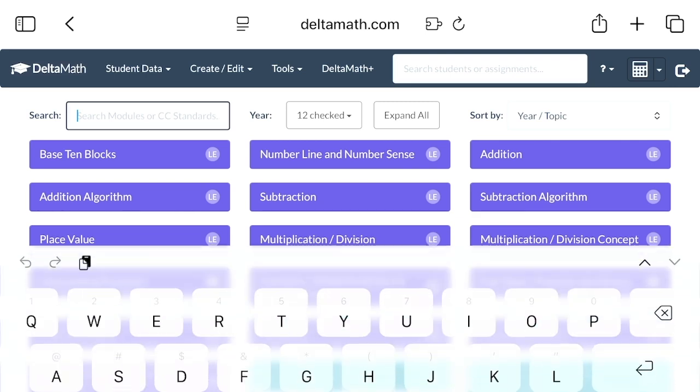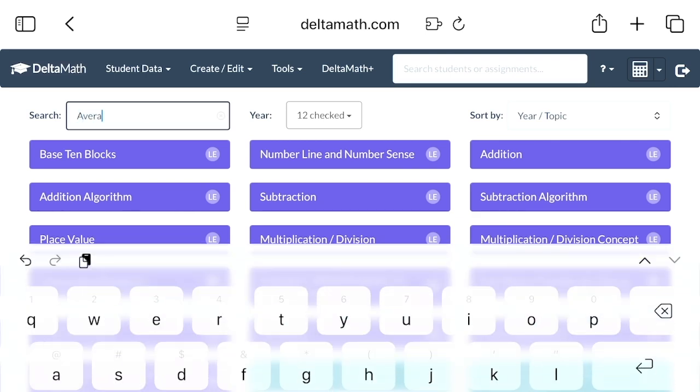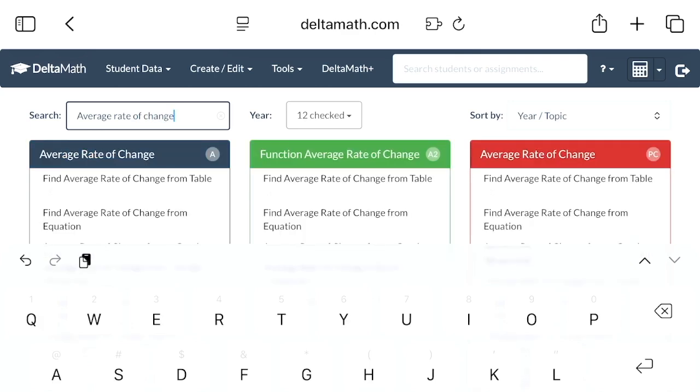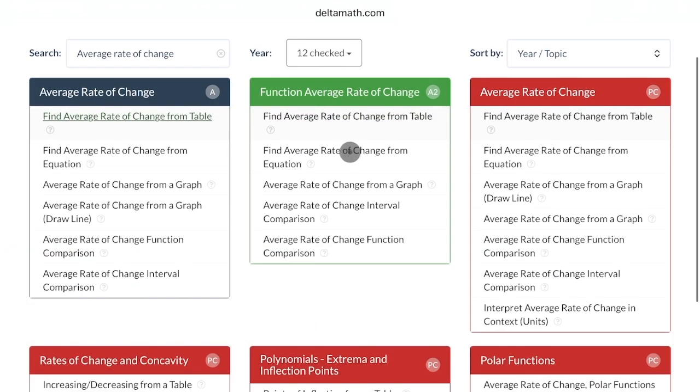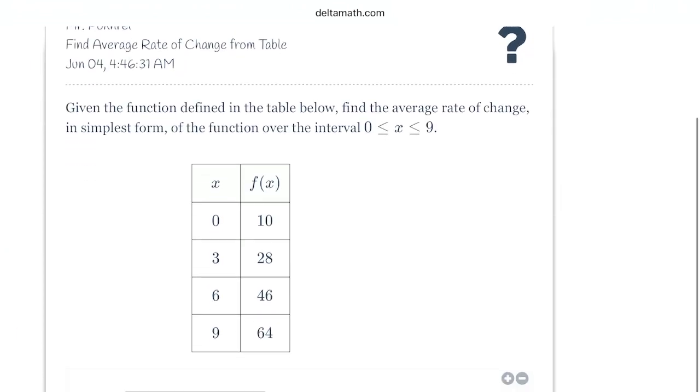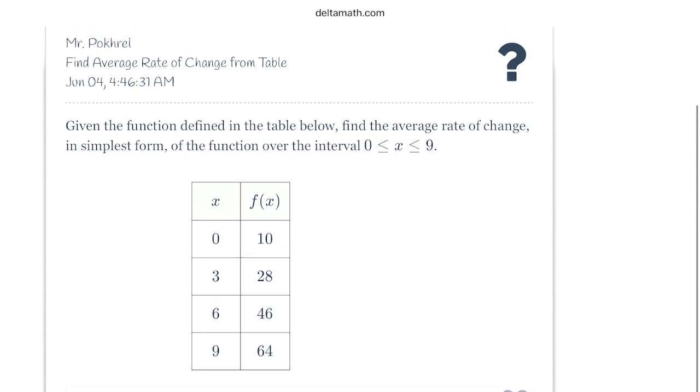Let me search for average rate of change. Alright, so what I'm trying to do is this one. You can see the question. First of all, we will do it from the table method, and then we will certainly go to the graph.